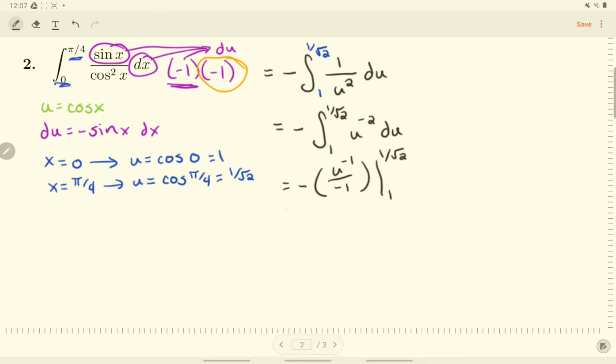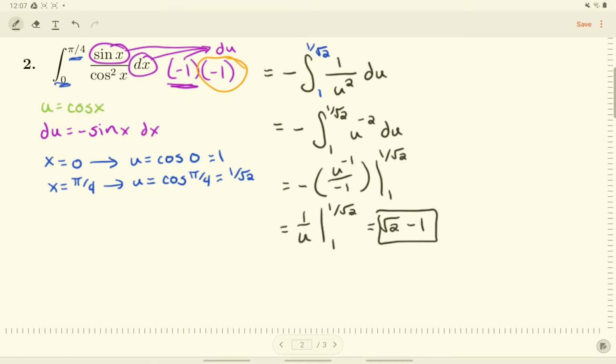I'm going to rewrite that as just a 1 over u, evaluated from 1 to 1 over root 2. So when you put those endpoints in using the fundamental theorem, you will get root 2 minus 1, okay? You can work through the calculation there, but it comes out to root 2 minus 1.